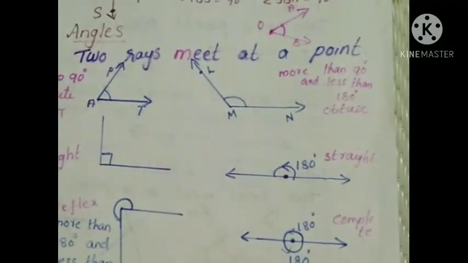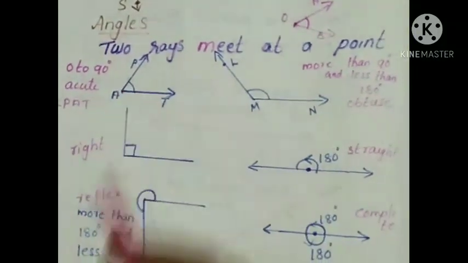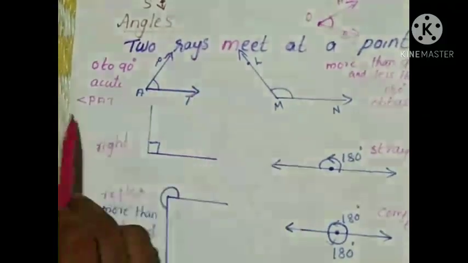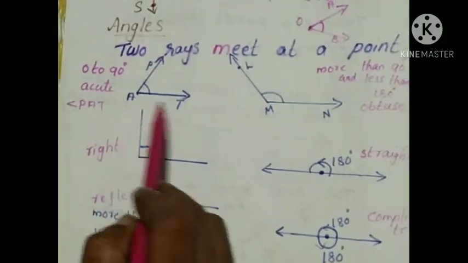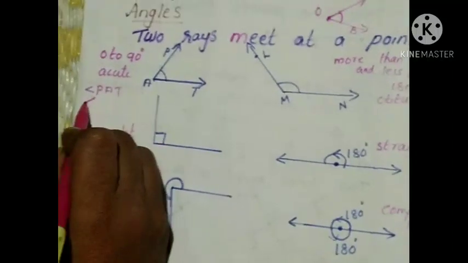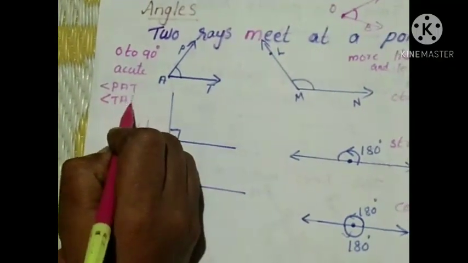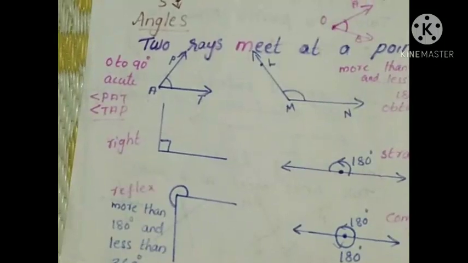The middle always must be the midpoint. The common point is A. Therefore, we can name it angle PAT or angle TAP. A always comes in the middle.